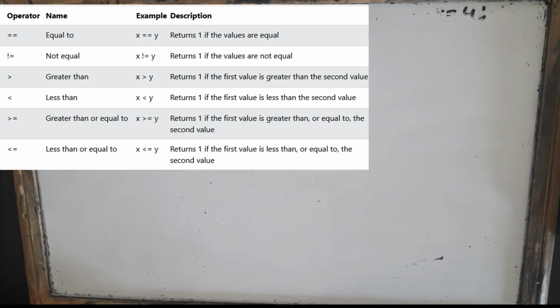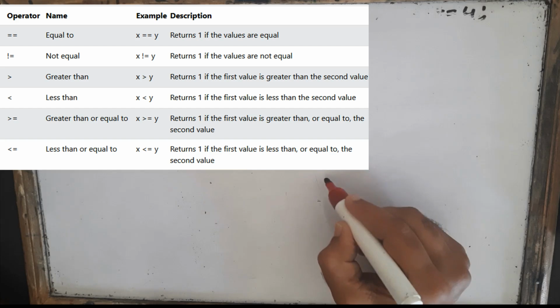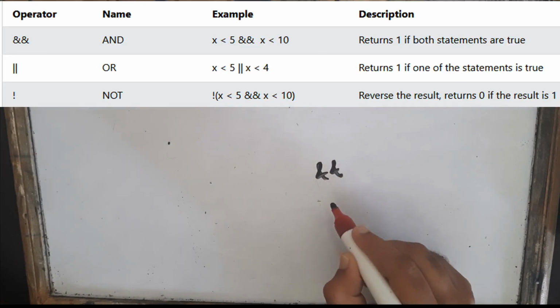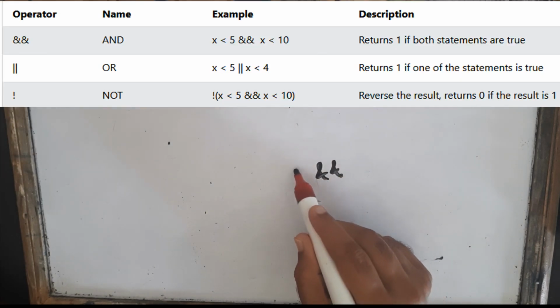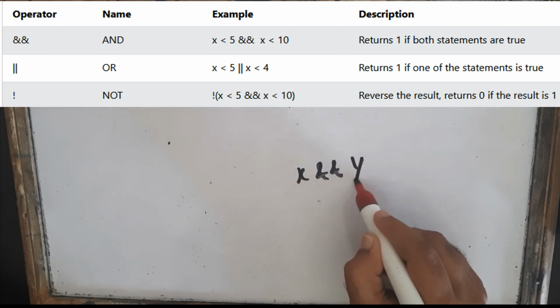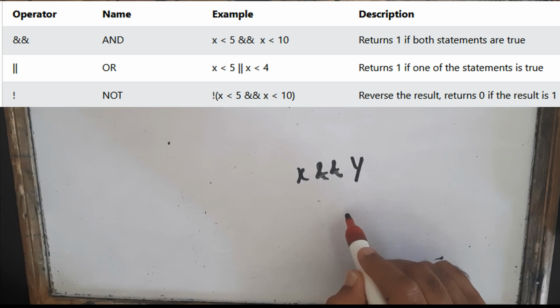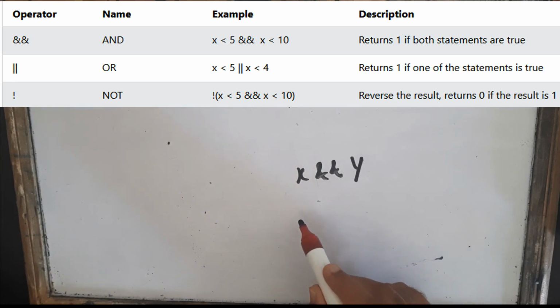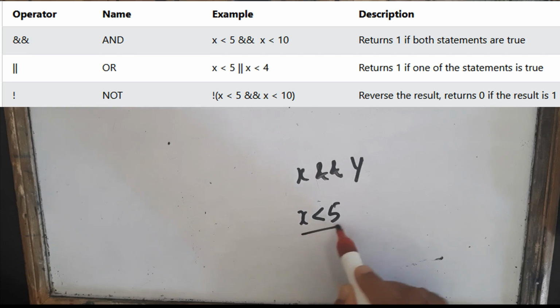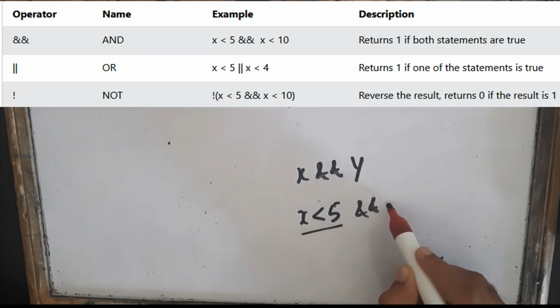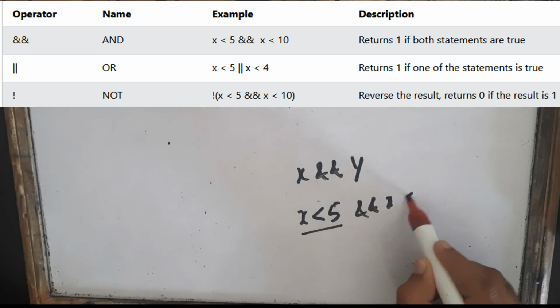Then we discuss logical operators. You can see something like this, x is less than y and x is less than 10.